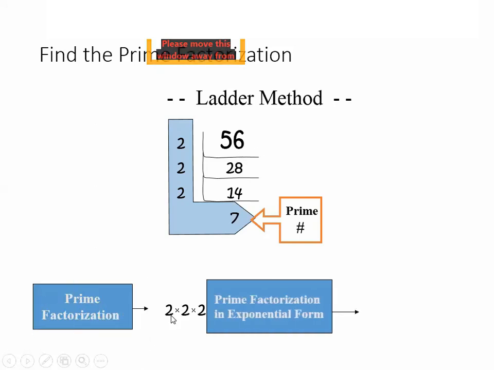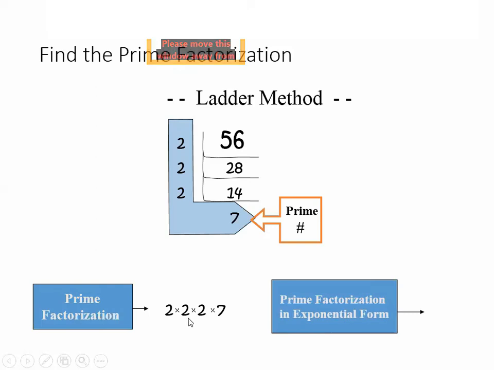So now how can we write them in exponent form? Why are we writing them in exponent form? The last number is 7, a prime number, so we write them in exponent form.